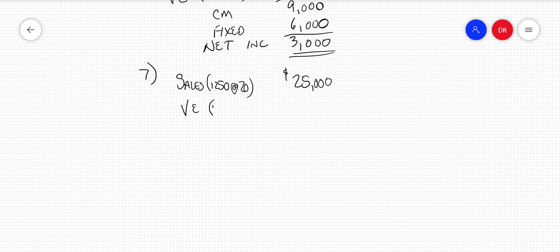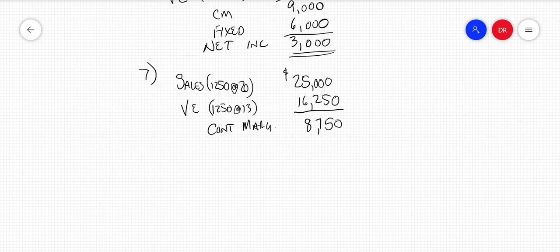So we say 1,250 at 13, and that's going to give us 16,250 as our variable expense, and a contribution margin of 8,750.